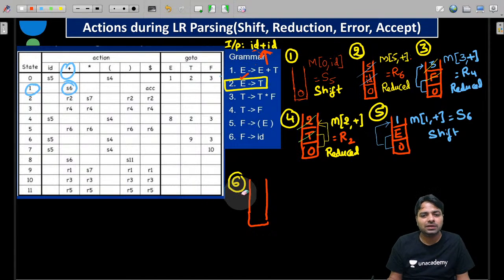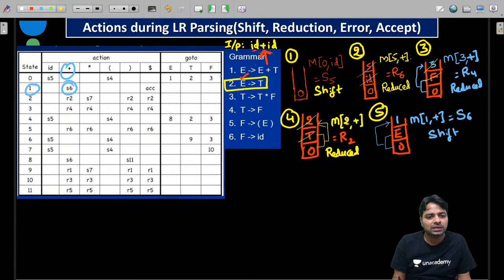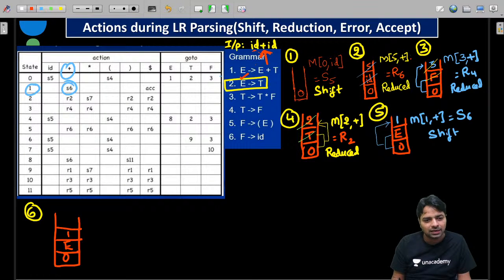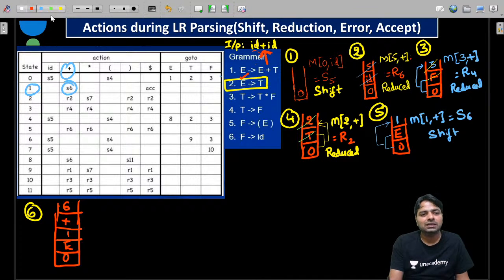Let me write the 6th step from the bottom, guys, so that we can save space. 0 is there, E is there, and 1 is there. Shift means the plus will be shifted, and then shift the next number, that is 6.